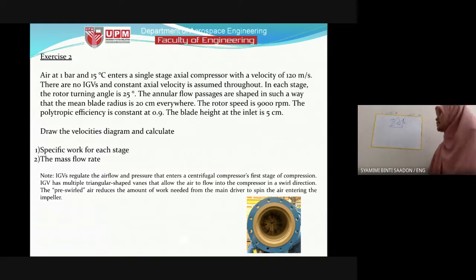At the inlet, C1 is actually axial, and this is C2. We have the 25 degree beta.